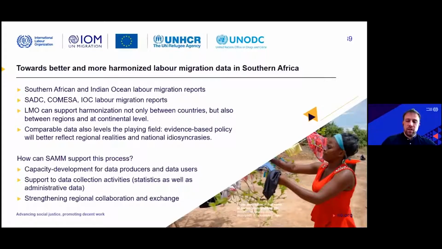We can think about labor migration reports specific to each regional economic community. We can think about an LMO, a labor migration observatory, which supports data harmonization not only between countries, but can also help moving the discussion up to regional and continental levels. And finally, as I mentioned before, comparable data is a way of leveling the playing field between countries, ensuring that evidence-based policies better reflect regional realities and national idiosyncrasies.